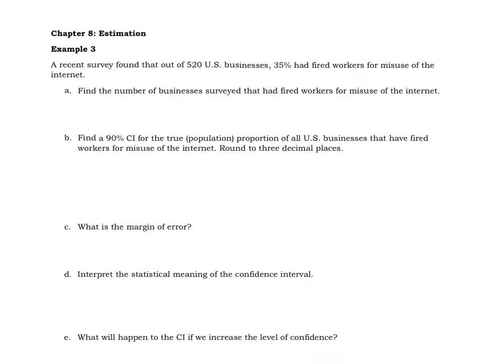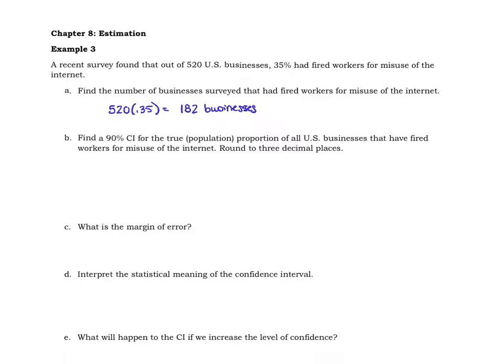So what we want to figure out is what is 35% of 520. So go ahead and do a quick multiplication, writing your percentage as a decimal, and you will find out that that is 182 businesses that had fired someone for misuse of the internet out of those 520 businesses.